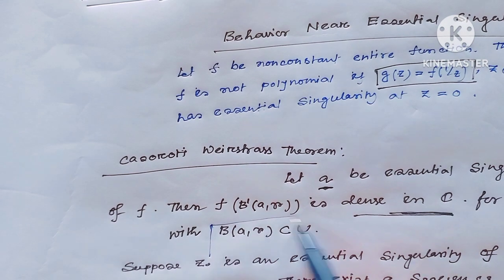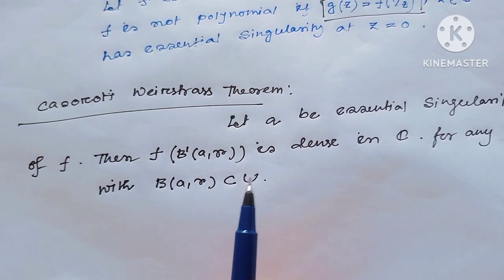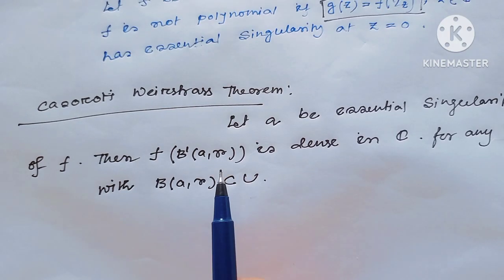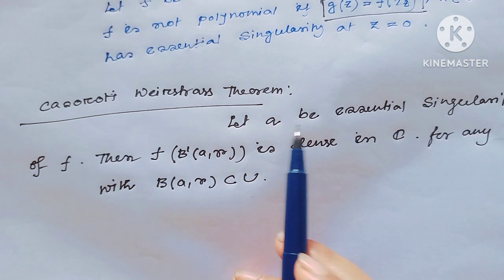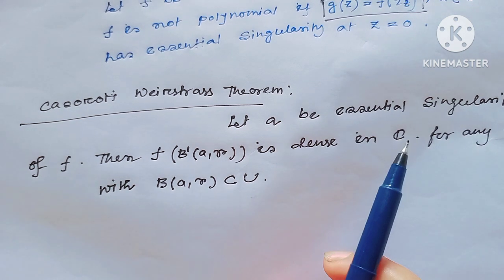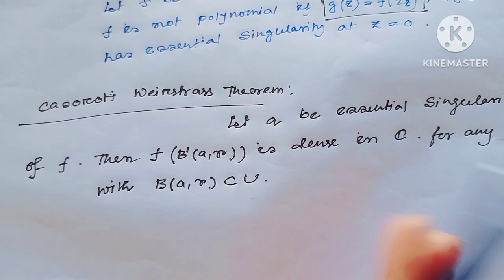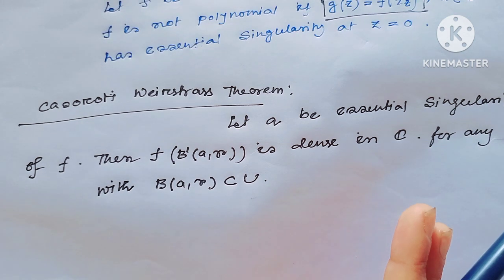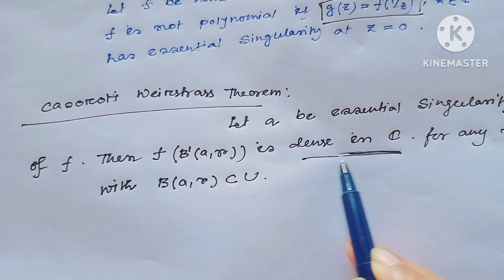That means take any small deleted neighborhood around the point a, where a is an essential singularity. Its image is dense in C.